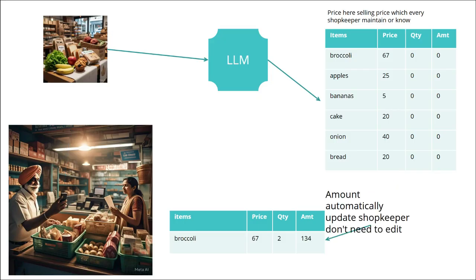As he adds the quantity, the amount is automatically updated. So in this scenario the shopkeeper only needs to edit the quantity, he does not do anything else, and everything happens automatically. This will save the shopkeeper time.